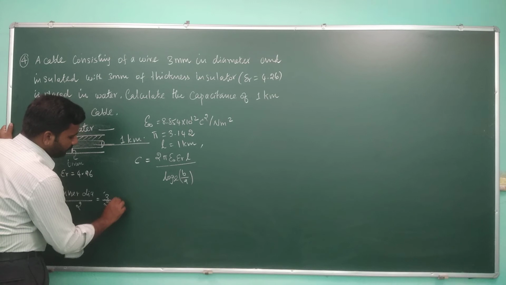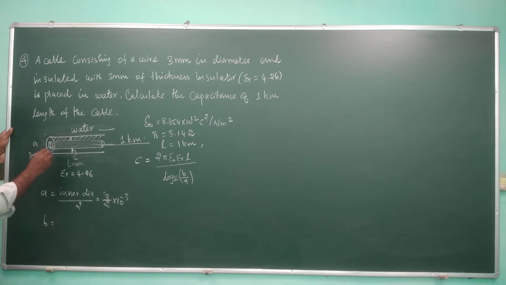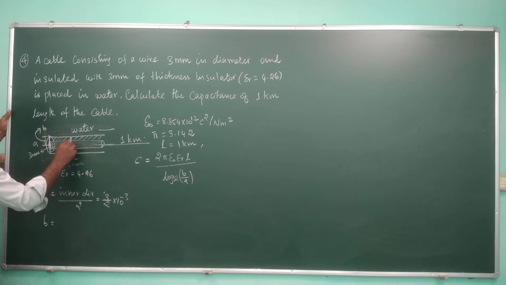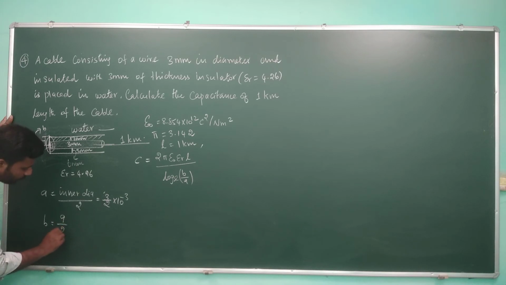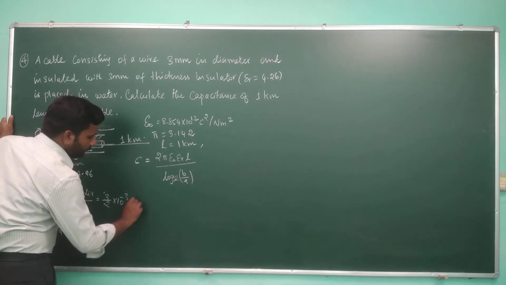Millimeter you can convert into meter, 10 power minus 3 meter. What is B? B is the outer radius, from the center to the outer edge. How to calculate that? You have to add this 3 mm, here also 3 mm, and here another 3 mm, right? So it becomes 9 by 2 into 10 power minus 3 meter.